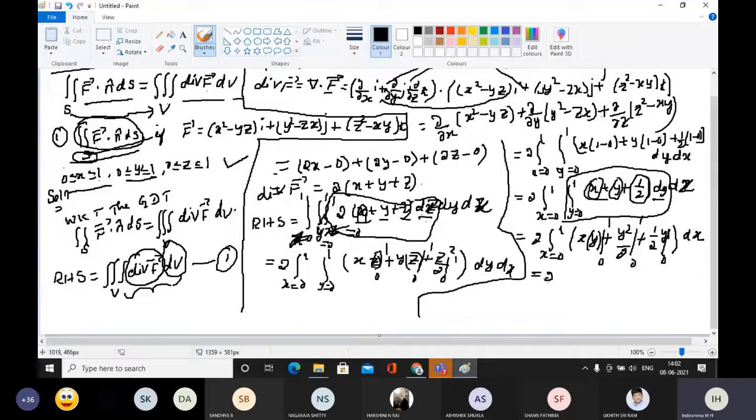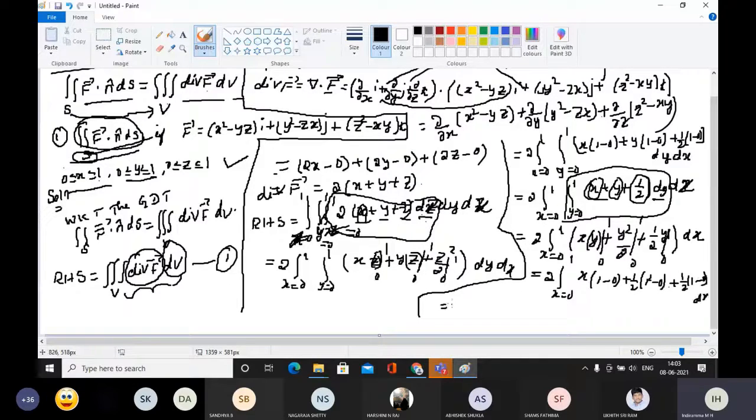2 into integral x from 0 to 1. So x outside, upper limit minus lower limit, plus 1 by 2 outside, upper limit is 1 square, lower limit is 0. Plus 1 by 2 into 1 minus 0, dx.